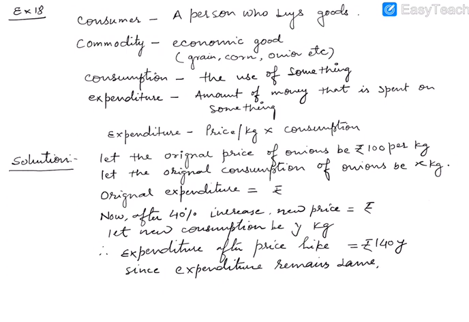In this question it is saying that the price of onion is increased by 40%. Suppose we all are using onion at home. Suppose every day we are using 1 kg onion, and today the price of onion is 40 rupees per kg.